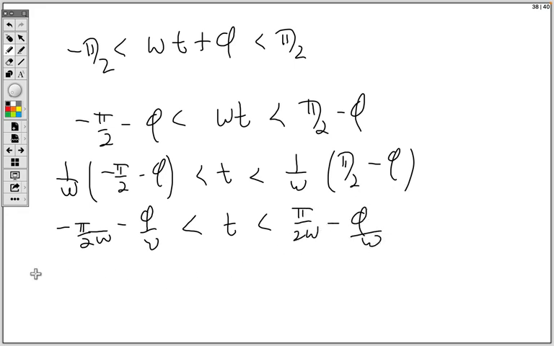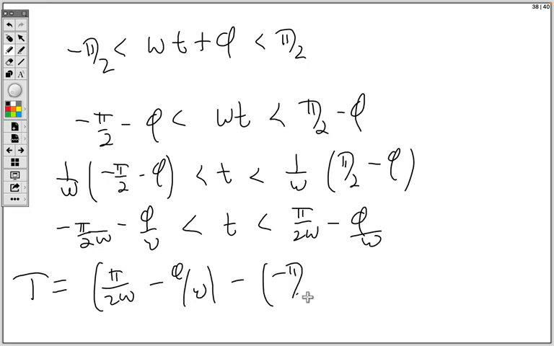Okay. So if I wanted the period, I would just look at what the length of this interval is. And if you don't see it right away, we could always subtract the endpoints like we do. Look at what happens. We got a pi over 2 omega minus a negative pi over 2 omega.